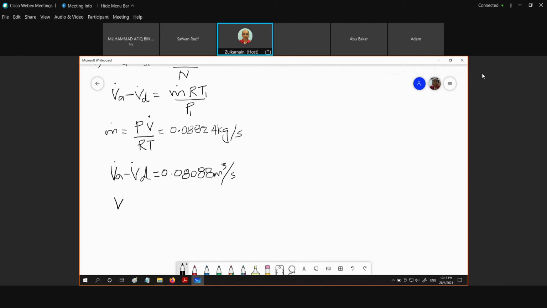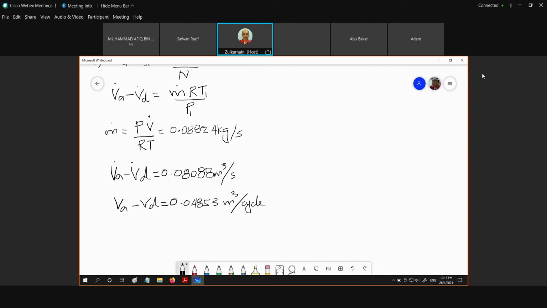Then we are getting the VA minus VD, which is equal to 0.04853 meter cube per cycle. So we have converted it from second to per cycle.